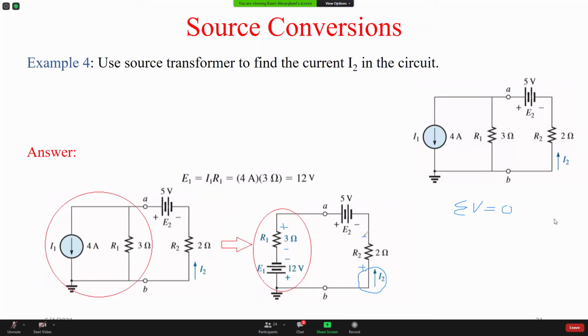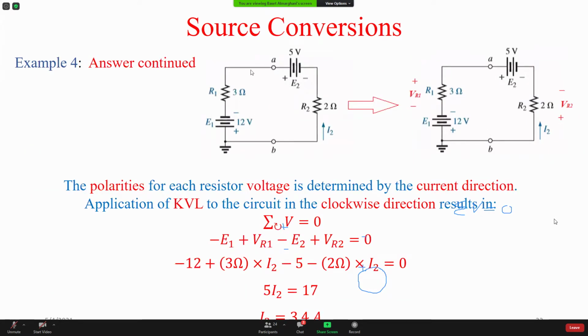I have 4 elements, each with a voltage across it. I'm going to add those 4 voltages, equate them to 0, then solve the equation and find this current. This is what we have in the second slide.